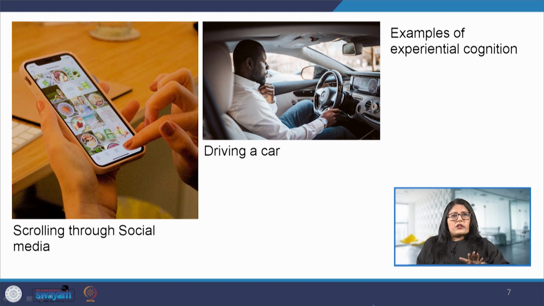If there is a red light, we will stop. Similarly, when we are searching through social media, maybe we will respond to something, like some photograph, write a comment. This requires a certain level of expertise and engagement. We have to be engaged in that process in order to take a particular step in that direction.